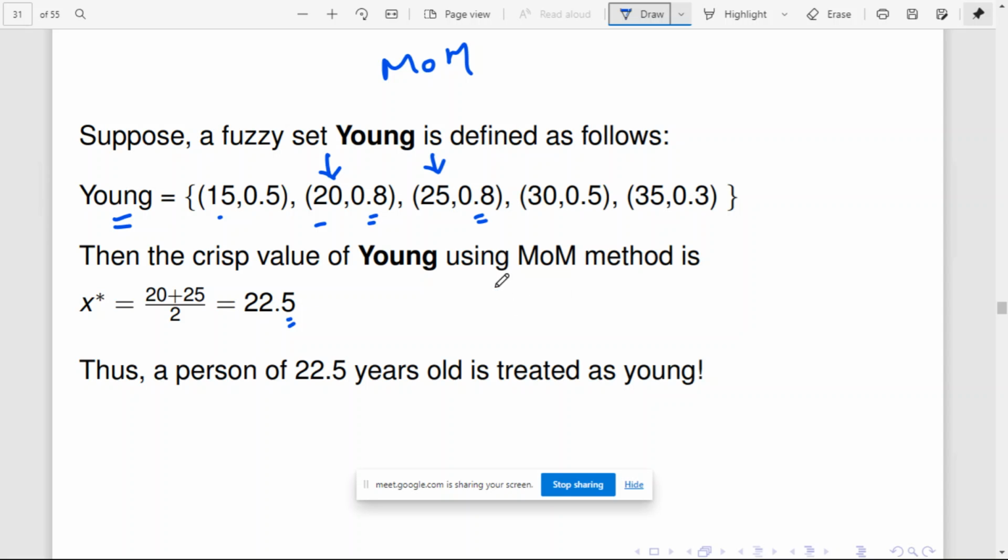If you use FOM, what is the crisp value? Could someone answer? If you use FOM technique, first of maxima technique, what will be the crisp value? What will be x star? See, either you answer or you say don't know. If you are keeping quiet, that is not good.